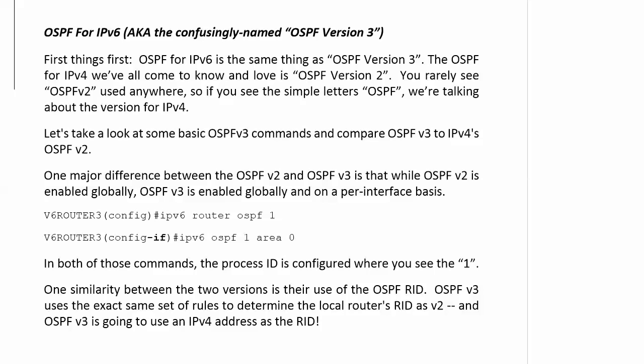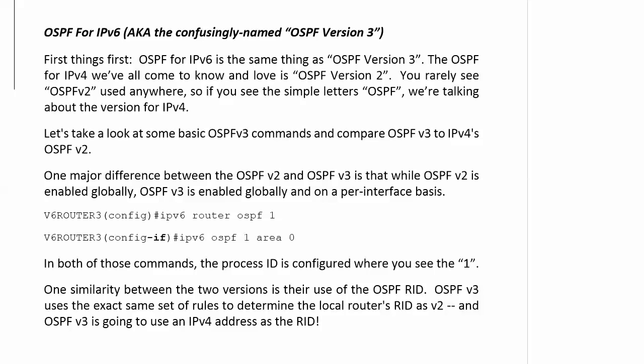So if you just see the simple letters OSPF, don't make it hard on yourself. Don't think, which version are they talking about? When you just see the letters OSPF, they're talking about version 2, which is the version used for IP version 4. Let's take a look at some basic OSPF version 3 commands here and do some comparisons between the version 6 and version 4 versions.